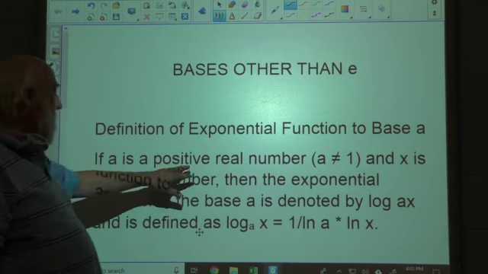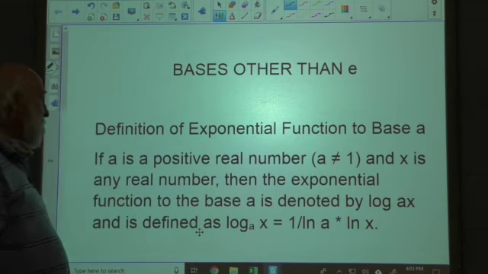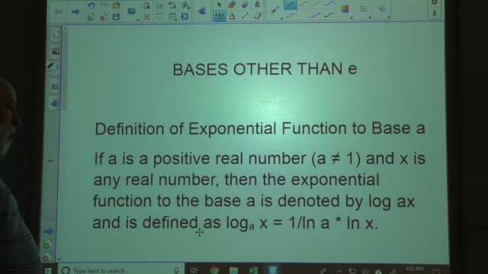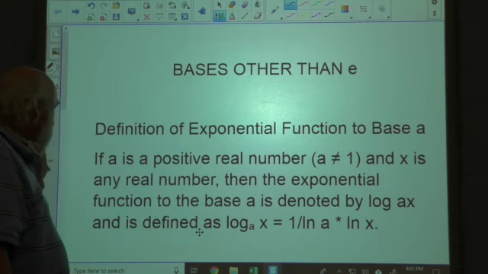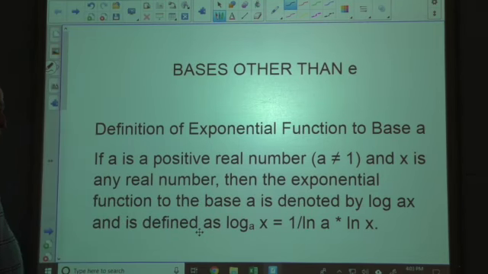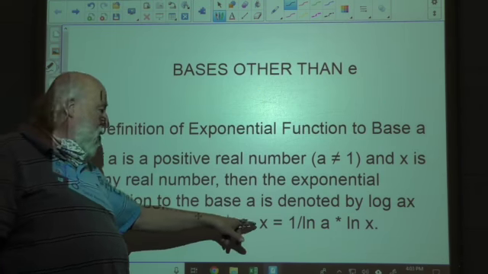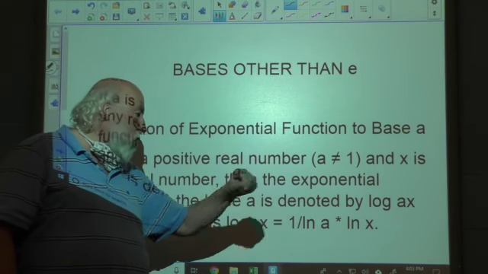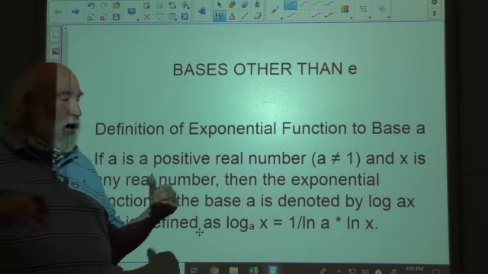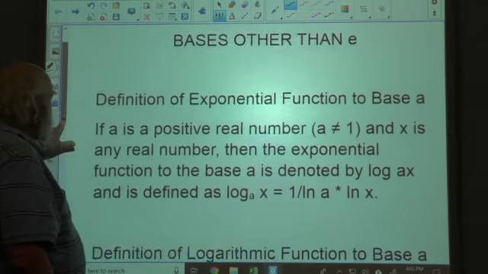So if a is a positive real number, a does not equal 1, and x is any real number, then the exponential function to the base a is denoted by log base a of x, and is defined as log base a of x equals 1 over natural log of a times the natural log of x. Okay, blah, blah, blah, right? Well, we're going to have some practical application of this, as you can see.